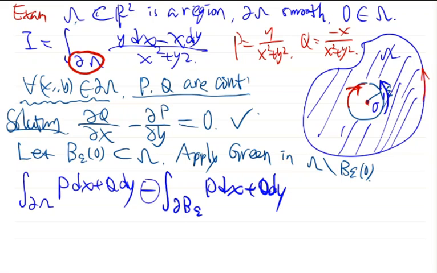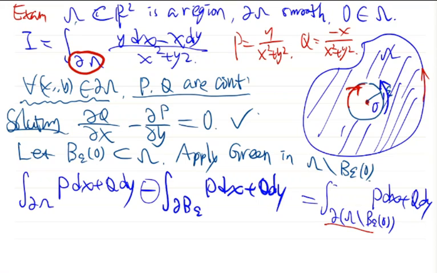So we want this to be the boundary of this domain, P dx plus Q dy. The boundary consists of two parts, the boundary of omega and the circle. Usually there should be a positive sign here, but because we use the negative orientation on this part, we will have a negative sign.